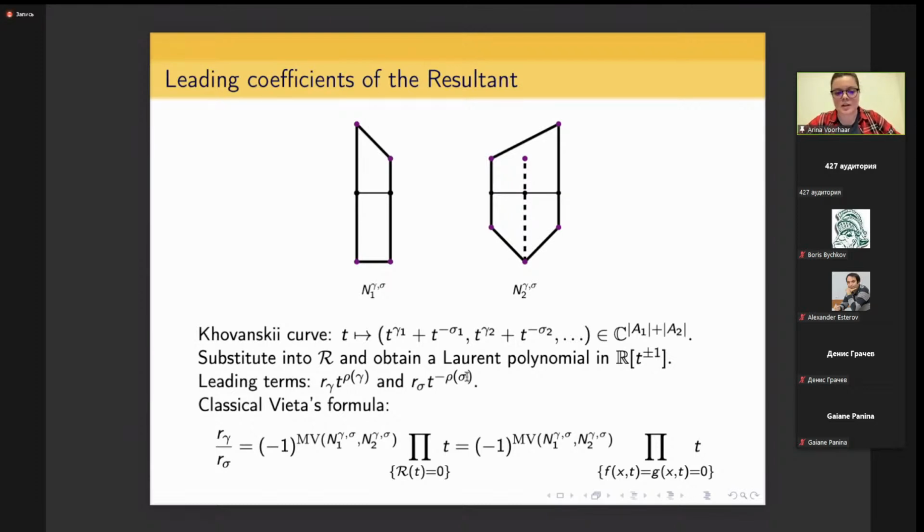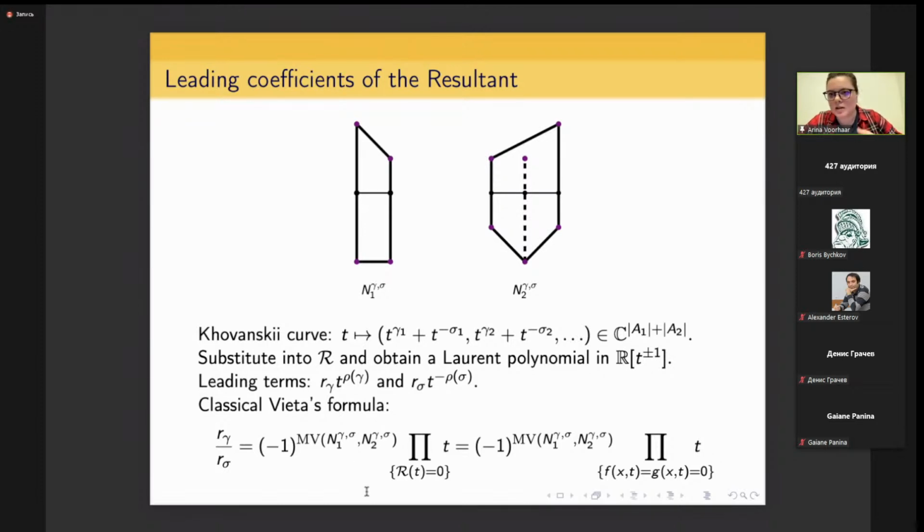And what we get is that this quotient of the leading coefficients, the highest and lowest I mean, is equal to minus 1 to the power of the number of roots, as in the classical formula. And this number we know is the mixed volume of these two polygons. So times the product of roots of this polynomial R of t.